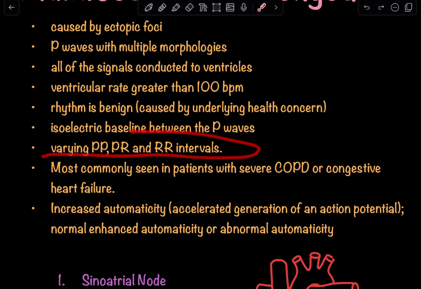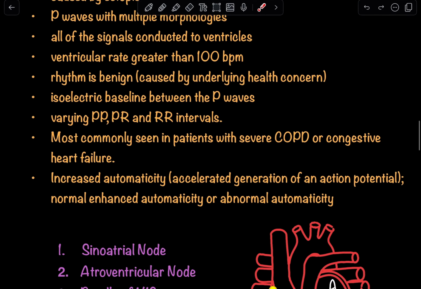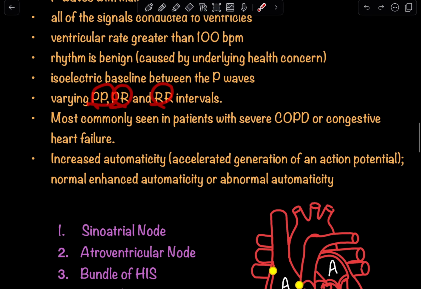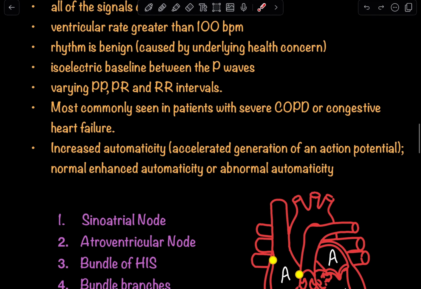And then we're going to have varying intervals between the PP, PR, and RR. And also, MAT is most commonly seen in patients with severe COPD or congestive heart failure. So this is common with people who have underlying lung respiratory conditions.